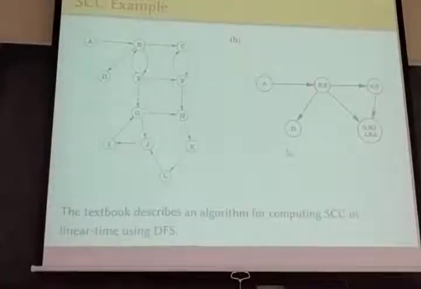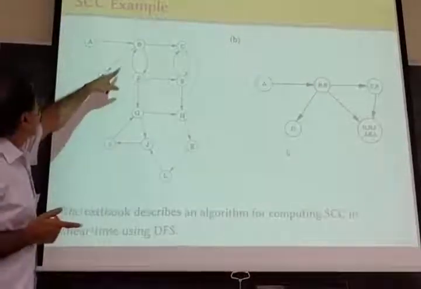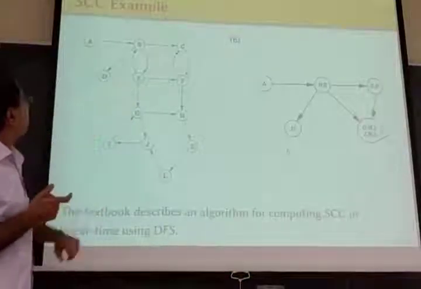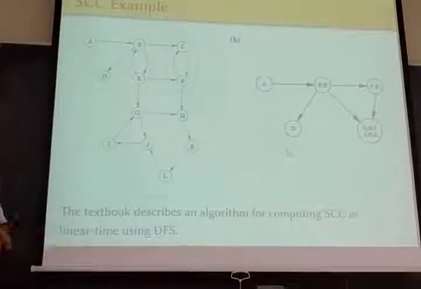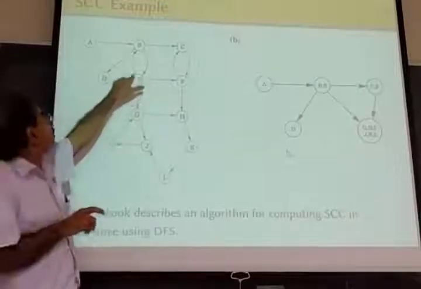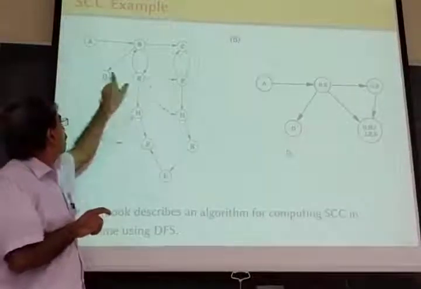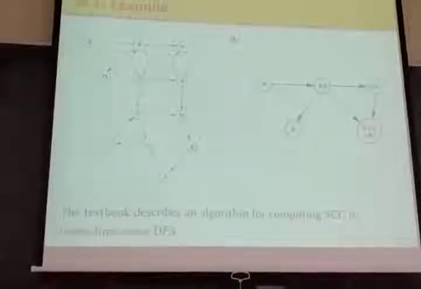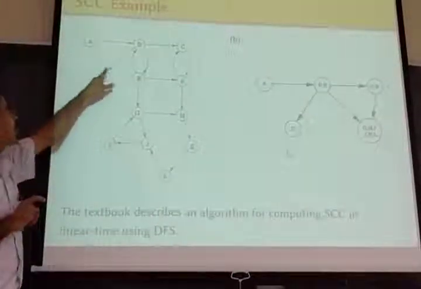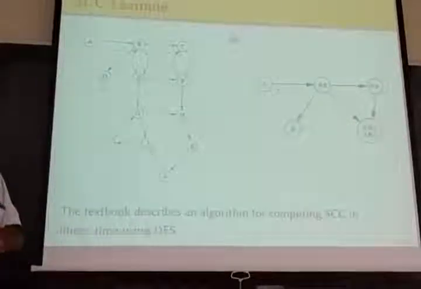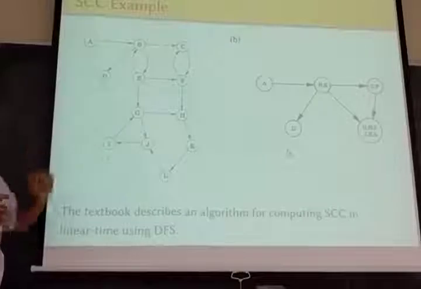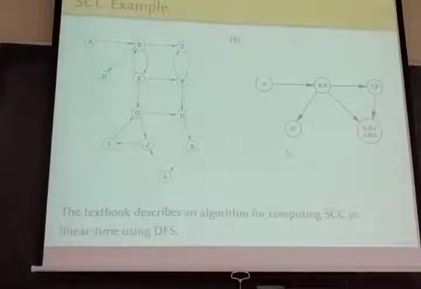So it's going to be an independent component by itself. Now from B, you can go from B to E, and you can go from E to B. Therefore, these two will be the same connected component. But D is once again an independent component because you cannot go from D to any other place. So therefore, it's going to be an independent component.